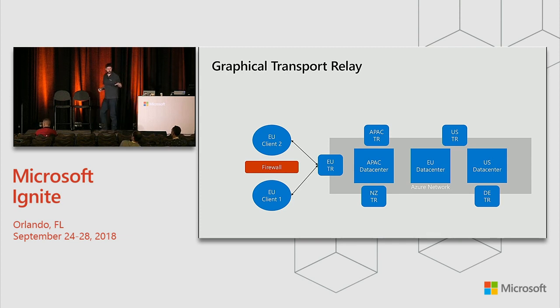So we have our Azure network. The gray blob, that's our Azure network. It's the second largest internet network in the world, because we're number 2. This is actually a globe-encompassing network.